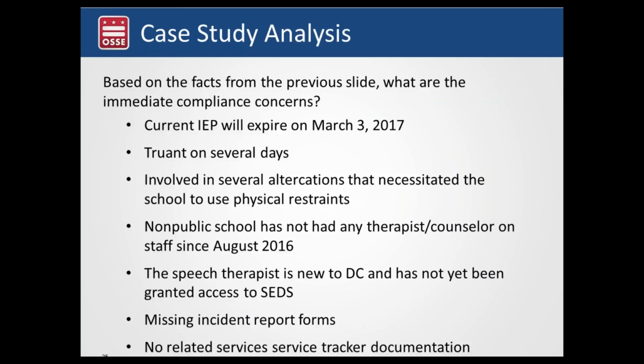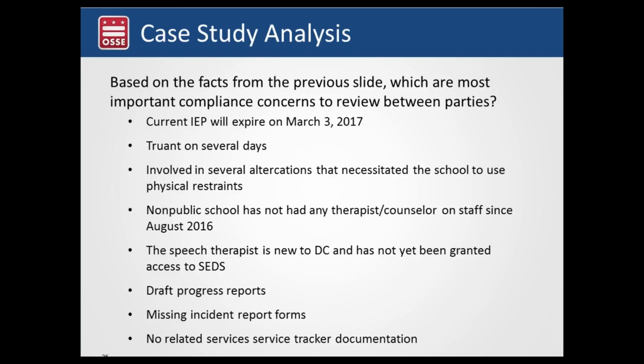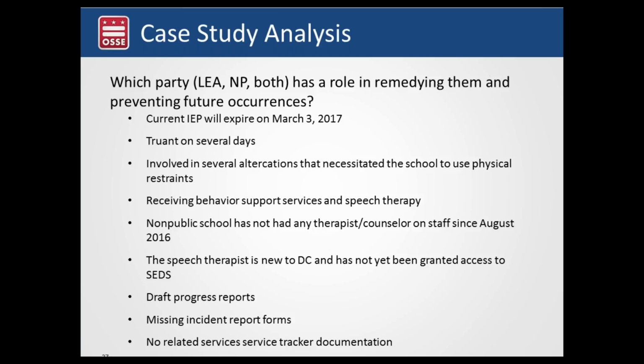So we kind of just went over these. What are our concerns, which overlap to a great extent with our most important compliance concerns. And then discussing, having the LEA and the non-public, as they're drafting this MOA, decide who is responsible for what and who will lead which process.